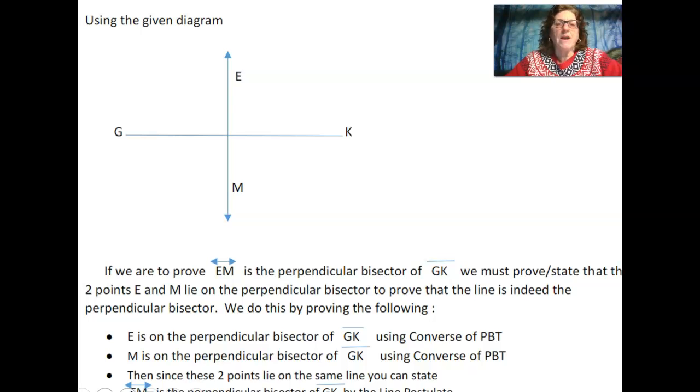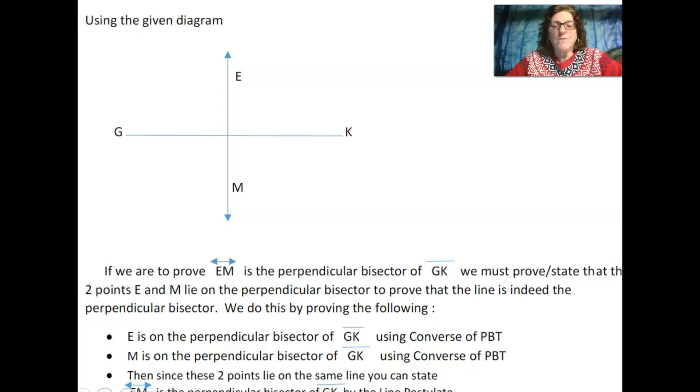So to prove that a line or a line segment is a perpendicular bisector of a given segment, you need to set up and show that the following conditions are met. So here, if we are to prove that line EM is the perpendicular bisector of GK, we must prove or state that 2 points on EM lie on the perpendicular bisector. Remember, any 2 points make a line. So we do this by proving the following, that E is on the perpendicular bisector of GK using the converse.